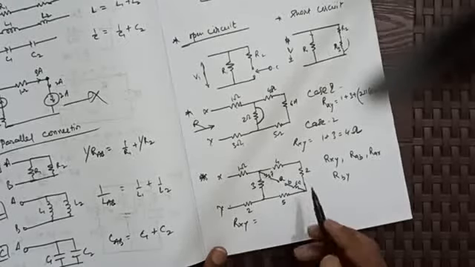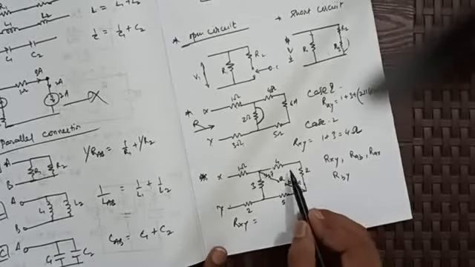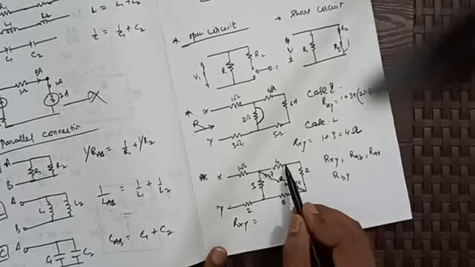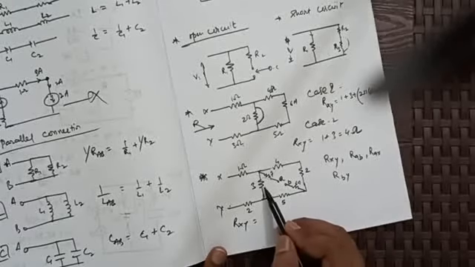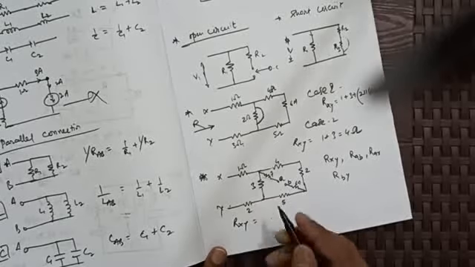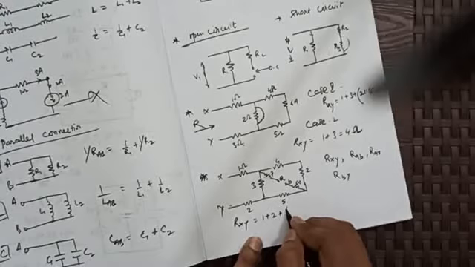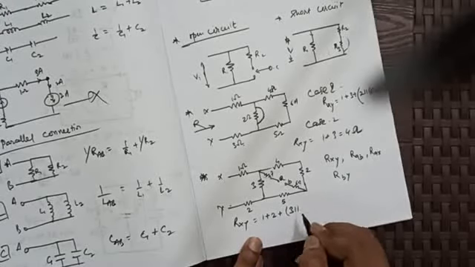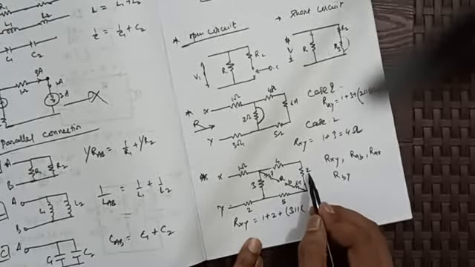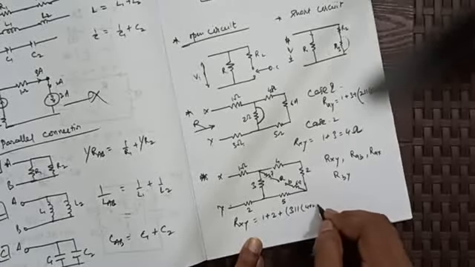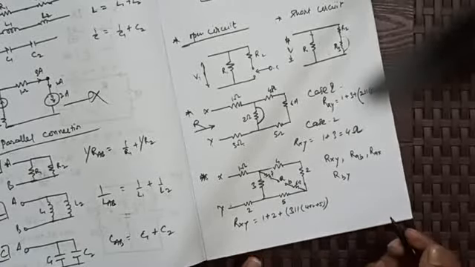So what will we have? 4 plus 2 plus 5, that is 11, in parallel with 3 plus 1 plus 2. Means RXY is equal to 1 plus 2 plus 3 parallel to 4 plus 2 plus 5.